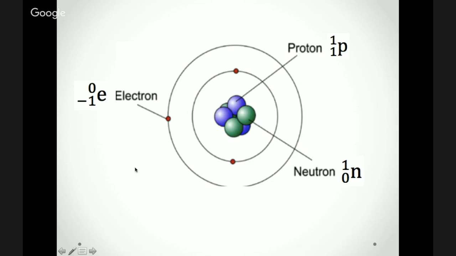Now, what we want to take note of is this is the Bohr model. And although we know that there are not these clearly defined paths, this is a great image to help you as a reference point in terms of knowing the subatomic particles that are part of the atom. And I bring this up because I've noticed in the past some students have a little moment of anxiety or freeze up when they're asked to explain something in terms of subatomic particles.